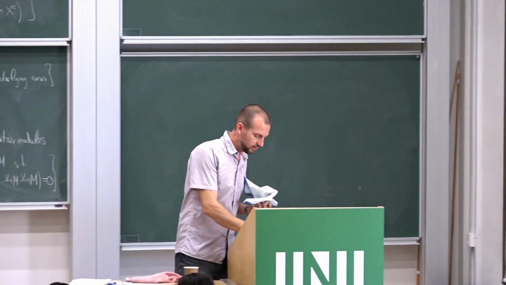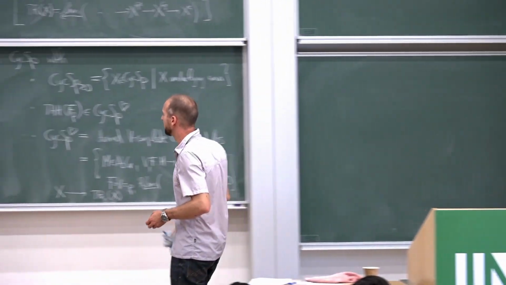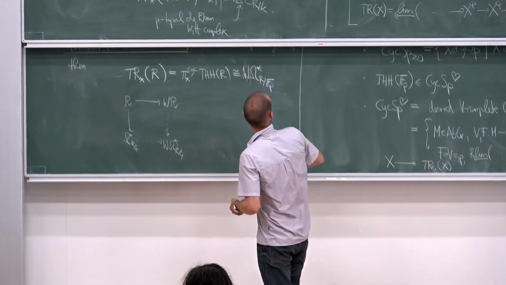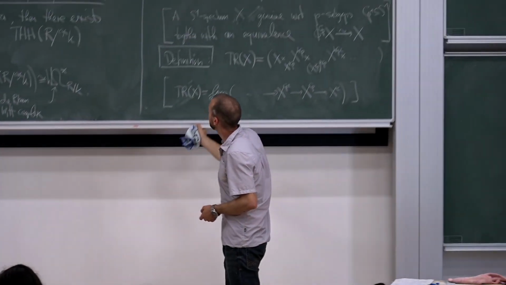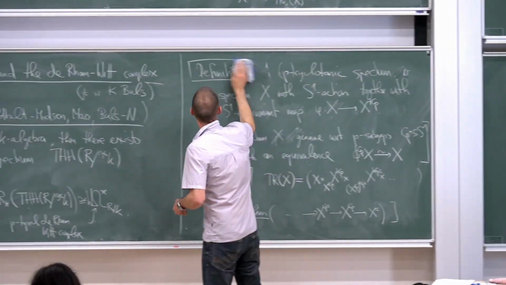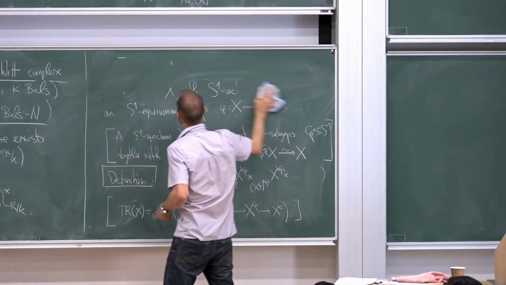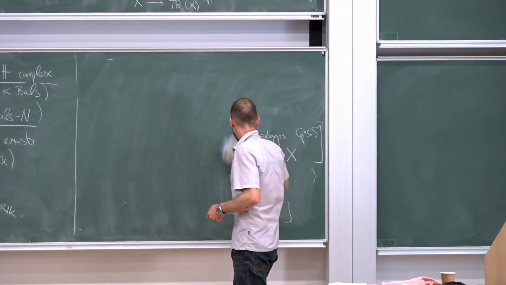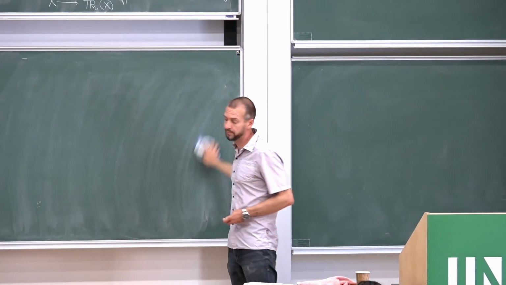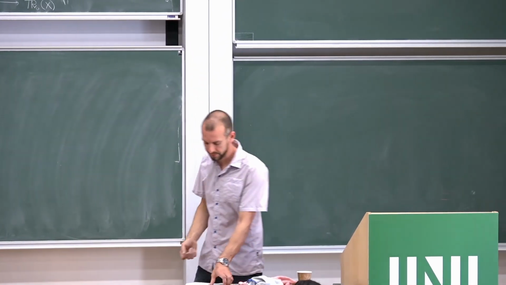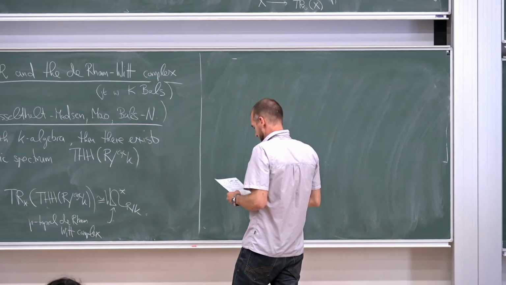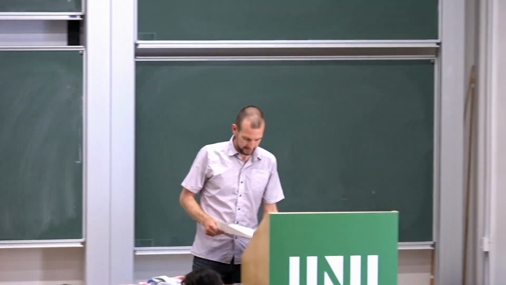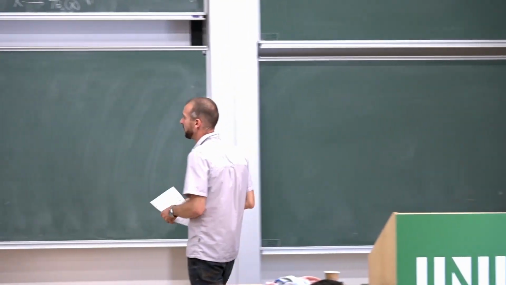Okay, so this is a de Rham–Witt complex, but this is in characteristic p, and then later it was observed that this in fact can be done over any base. And this is a bunch of people who did that.